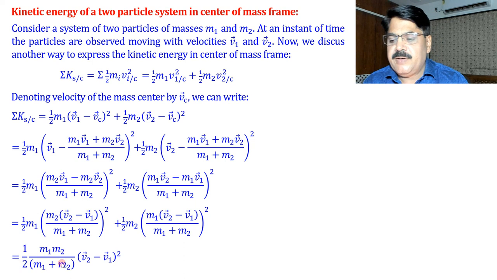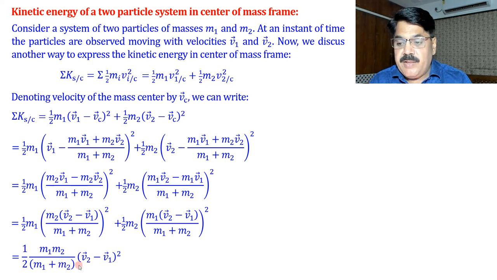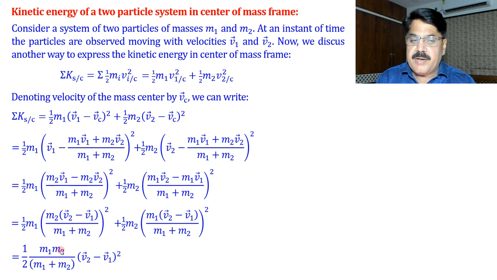Now at present this expression appears somewhat lengthy, but this term in a two particle system, m1 m2 upon m1 plus m2, the product of masses upon the sum of masses, we'll encounter so many times. So we'll give it a name. It is called reduced mass, and we denote it by the symbol mu.